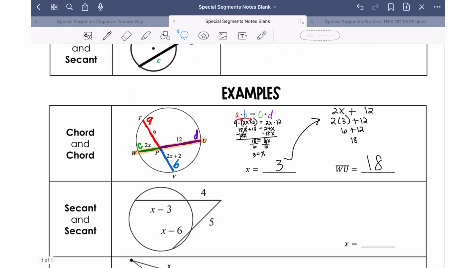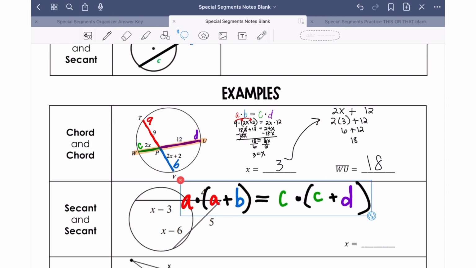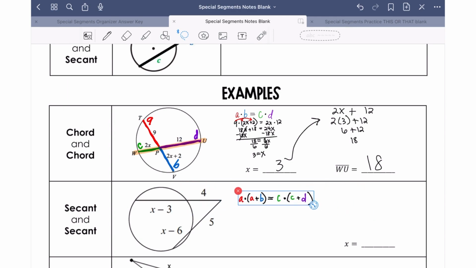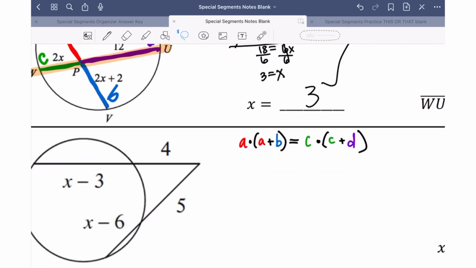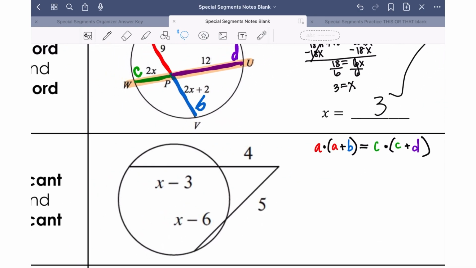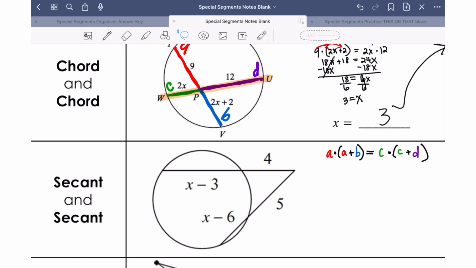Okay, so let's go down here and solve this one. This one just asked me for x, so I won't have to plug x back in. All right, so write your formula. How do you know you're using this one if it wasn't directly labeled secant and secant? Because there's two secant lines on the circle, so it crosses it twice. Both of the lines cross it twice, intersect.